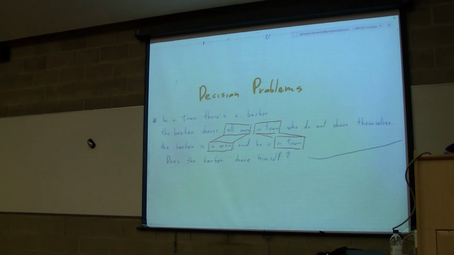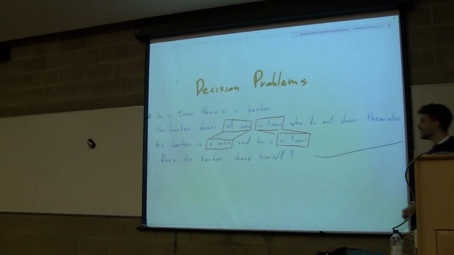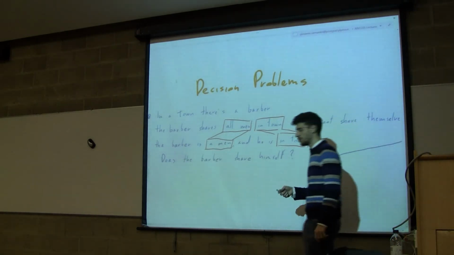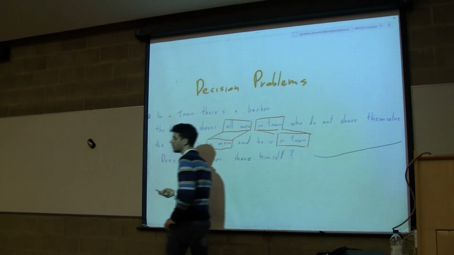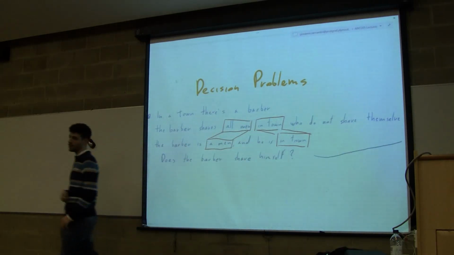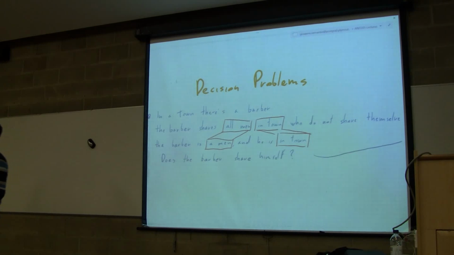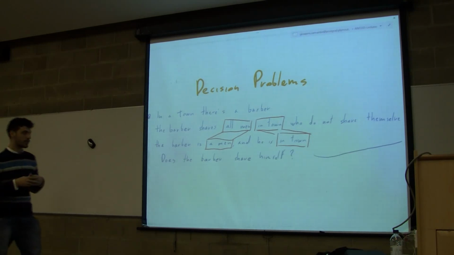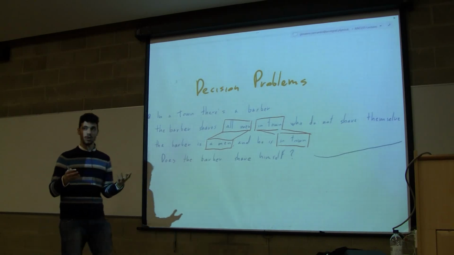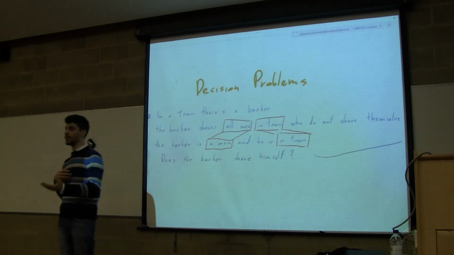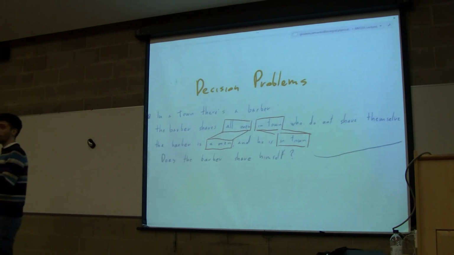This is a decision problem in natural language. In a town, there's a barber. This is known as the barber's paradox. So in a town, there's a barber, and this barber shaves all men in town who don't shave themselves. Now, the barber is a man, he's in town. Does the barber shave himself?